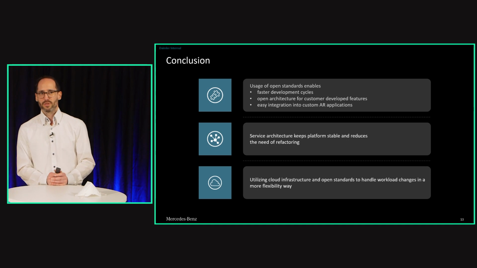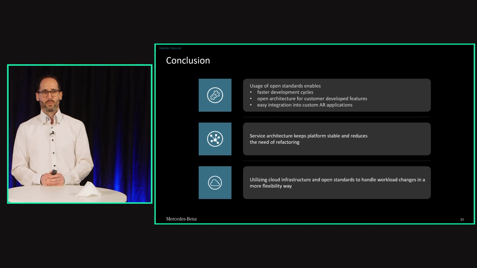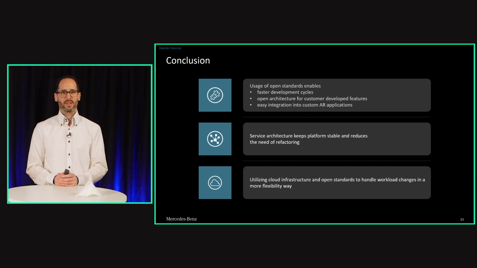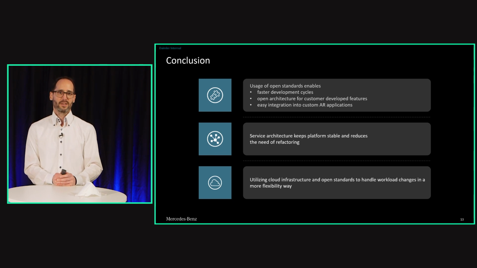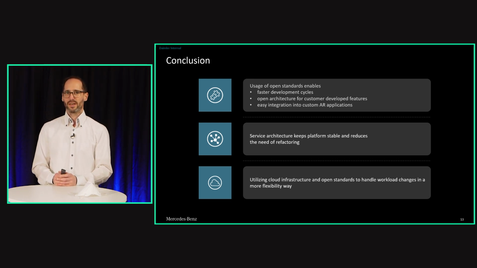So with this, I want to conclude our presentation regarding the open standards, where I have to say that in our use cases, we saw that the standards helped a lot to make us faster in product development and also to enable our customers to create their own apps on top of what we already did. The architecture itself helped us in many cases to have an easy integration of features like augmented reality in various areas in the company.